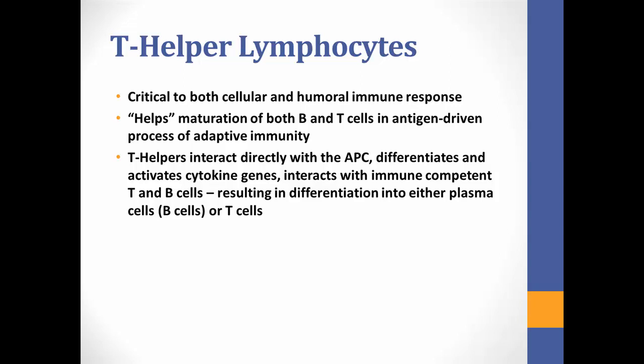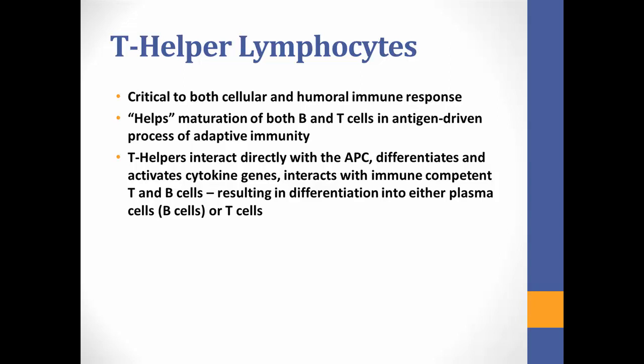As I said earlier, T helper cells, T helper lymphocytes, are very important in both our cellular and our humoral immune responses, because remember, those T helper cells stimulate those T and B cells. It helps with the maturation of both the cells in an antigen-driven process of adaptive immunity.